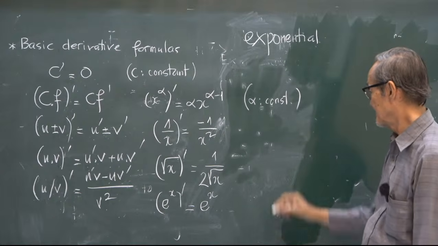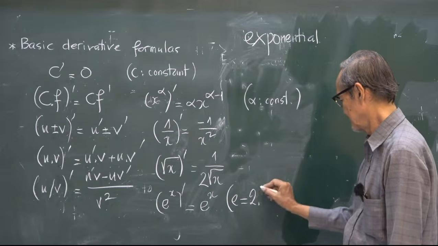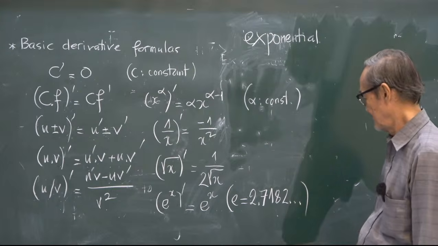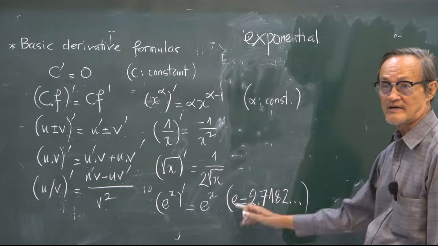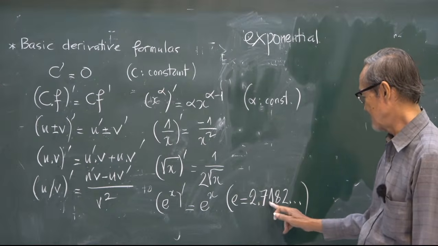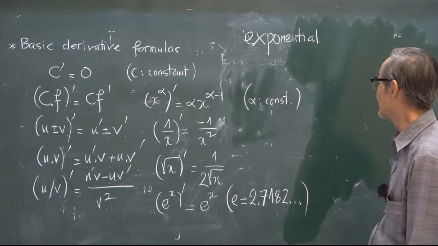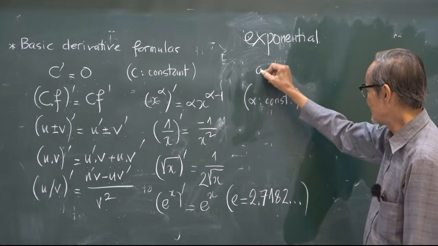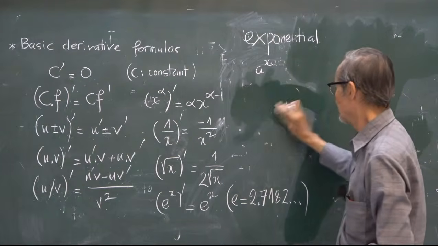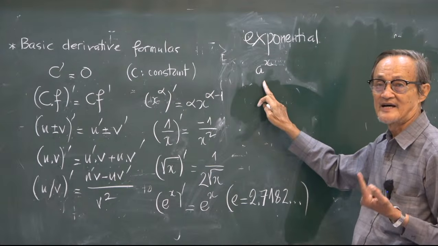Exponential function. e is a special number in mathematics, 2.7182... and a power x, where we call a a constant number.